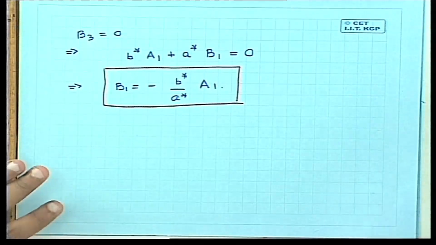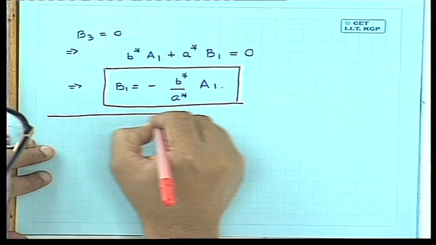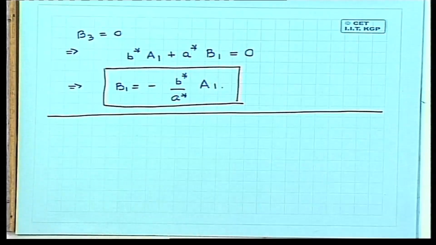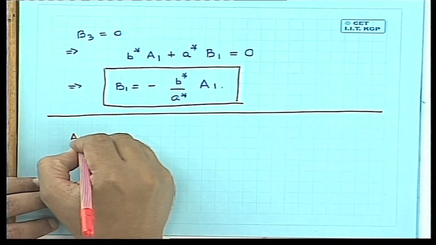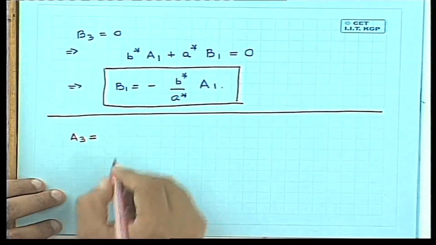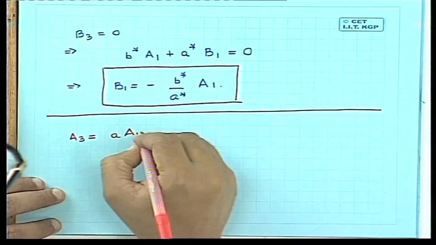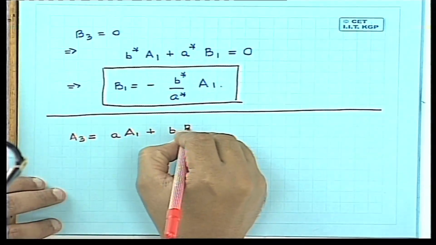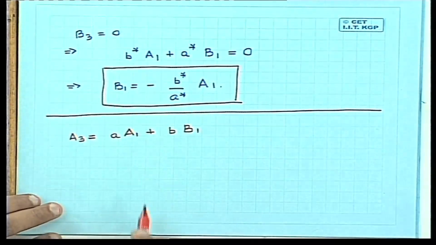Let us also calculate A3 in terms of A1. So A3 is equal to A into A1, just from the definition of A and B, plus B into capital B1, and we have already found what capital B1 is.